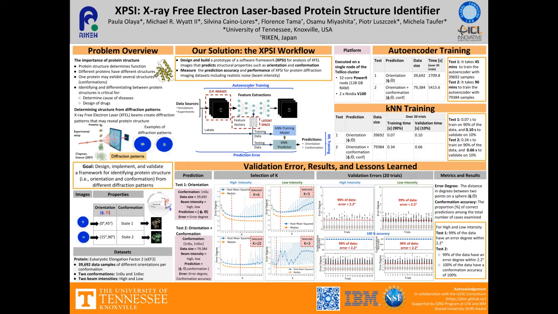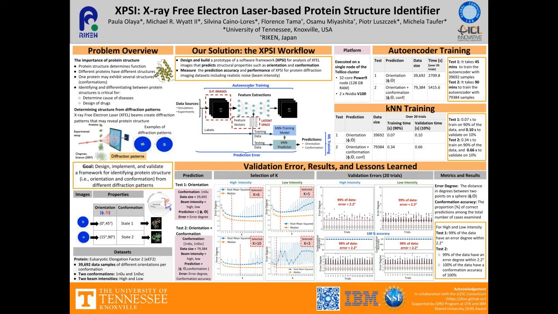We present our solution, the X-ray free electron laser-based Protein Structure Identifier workflow, or XPSI, which analyzes protein diffraction images and predicts structural properties such as orientation and conformation. As you can observe in the diagram, our workflow consists of the input diffraction pattern images that are processed by an autoencoder.